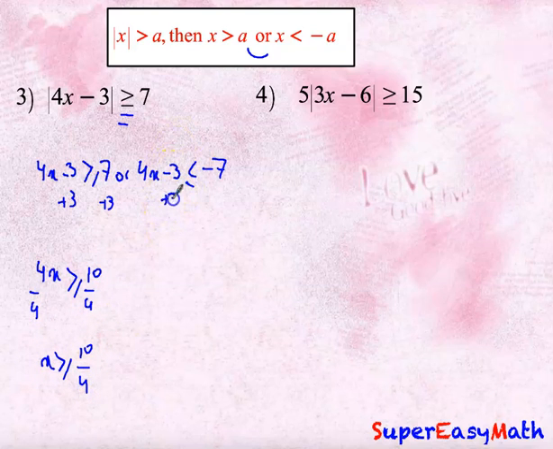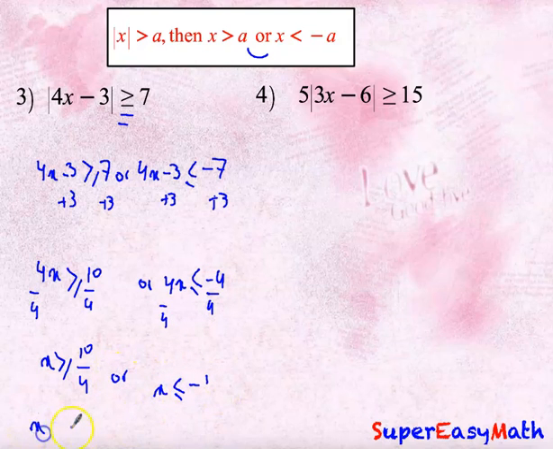Same here, so plus 3 and plus 3. 4x smaller than or equal to -4, divide by 4. So x smaller than or equal to -1. So we can say x belongs to -infinity, -1 included, union 10 over 4, plus infinity.